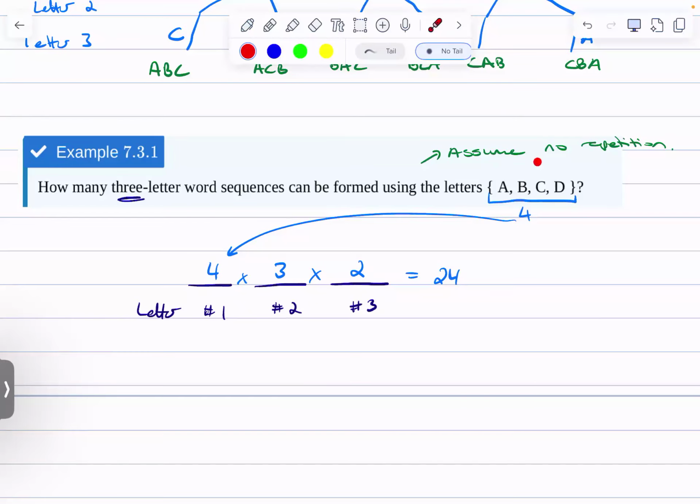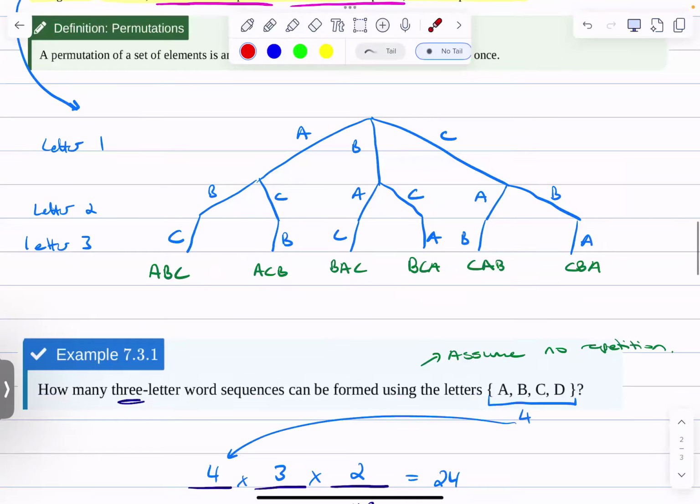What if you could repeat? Assume that you could draw from A, B, C, D again. Then that would change it. Then you would have 4, and then 4 again, and then 4 again, and so you'd have more options. Could you do a little tree diagram and put A, B, C, and D, just like you did? You could, but if you're allowed to repeat, then it's going to be really big.